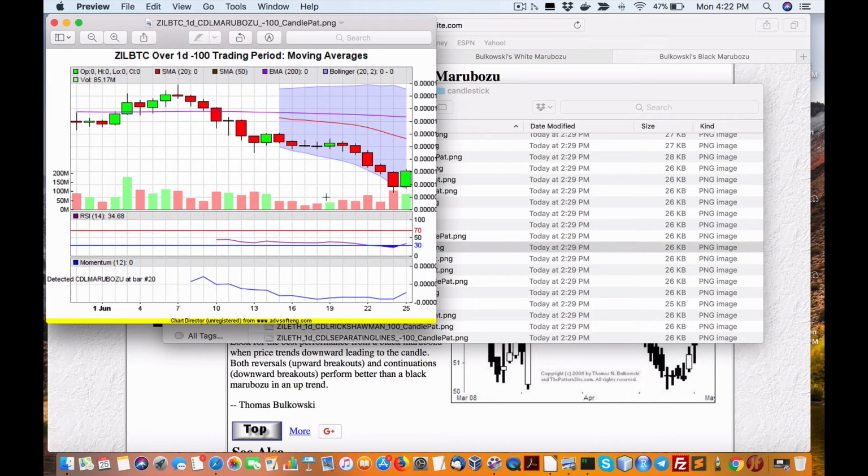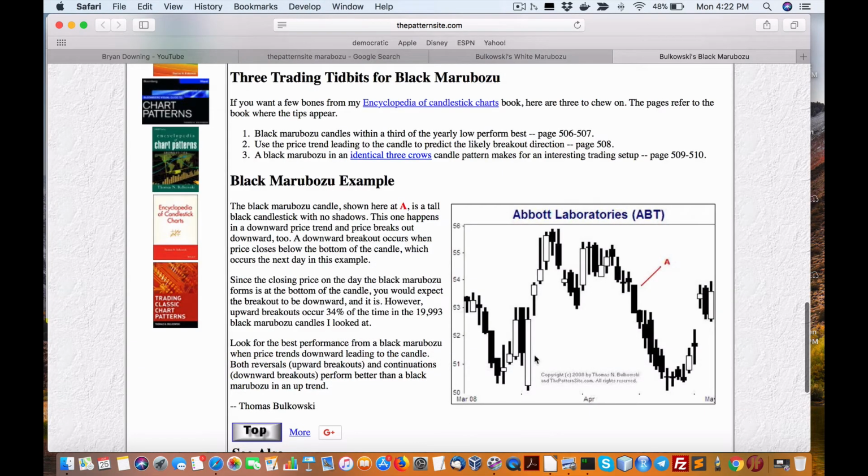Okay. So we are looking for bar 20. 1, 2, 3, 4, 5, 6, 7, 8, 9, 10. That's not a big bar. 1, 2, 3, 4, 5, 6, 7, 8, 9, 10, 11, 12, 13, 14, 15, 16, 17, 18, 19, 20. Interesting. I don't see anything on that. So here's what they refer to here.